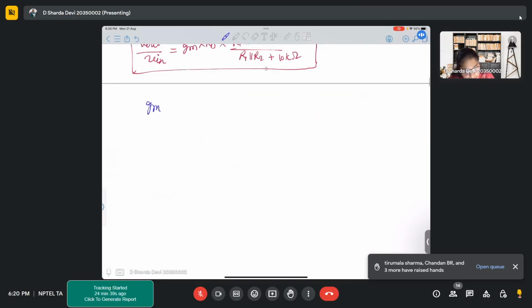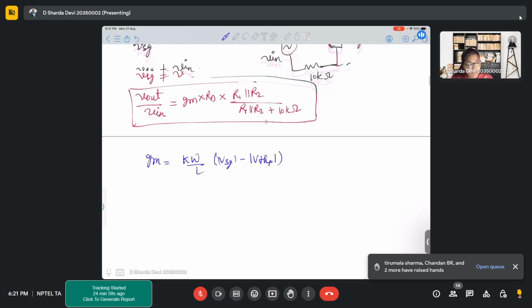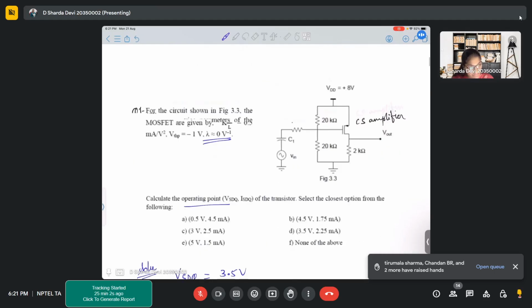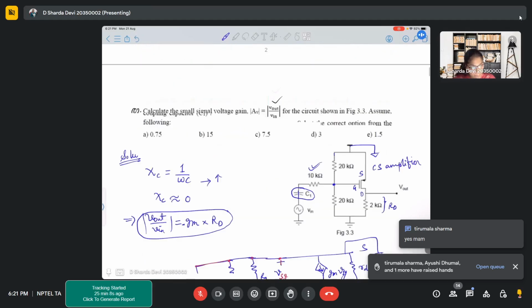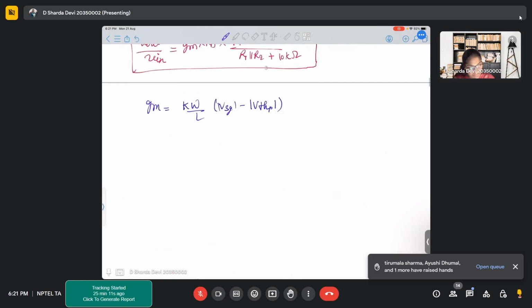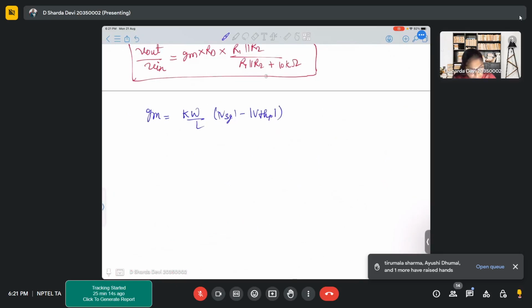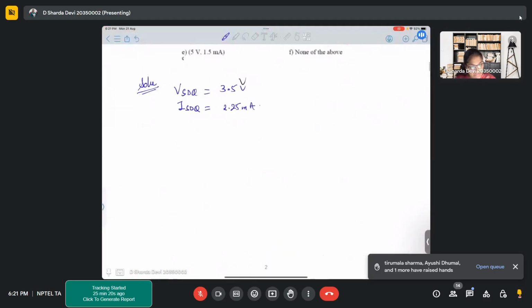Now, first thing first, GM. So how do we find GM? What is the formula? VSG minus mod VTHP, right? This is the formula for GM. We have the values 0.5 minus 1, which was VSG.